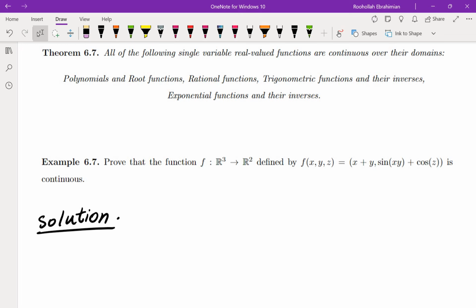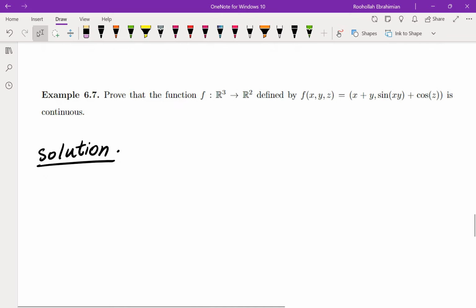Okay, so let me do one more example here. Prove that the function f from R3 to R2 defined by that is continuous. We had a theorem that if you want to check a function is continuous, we will have to check each of the components is continuous.